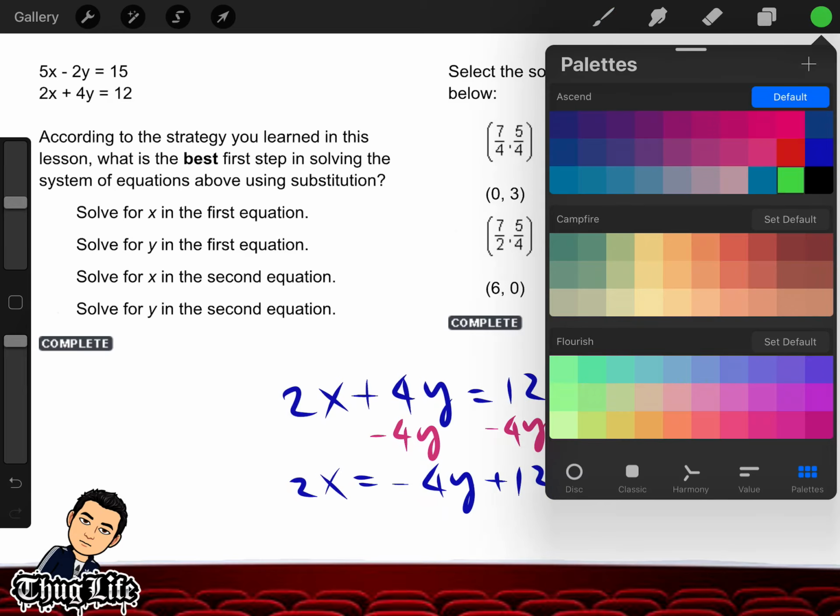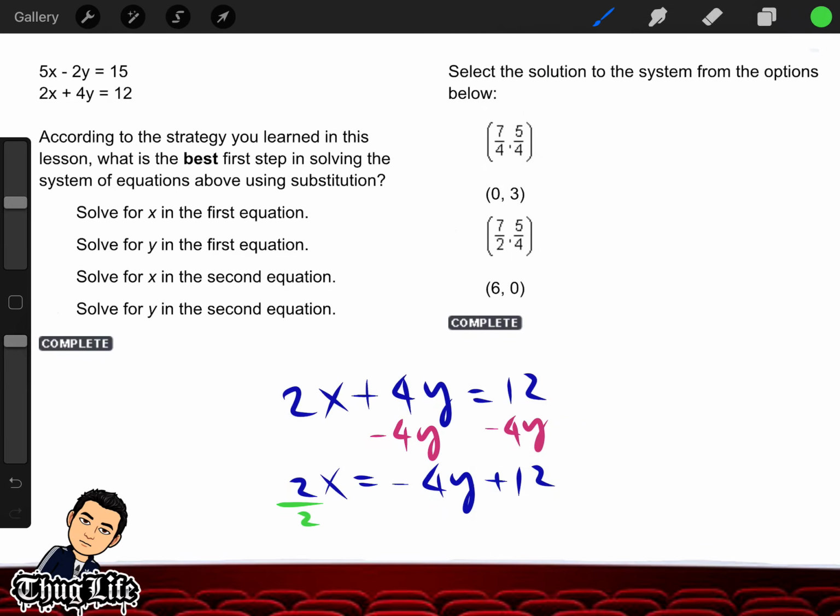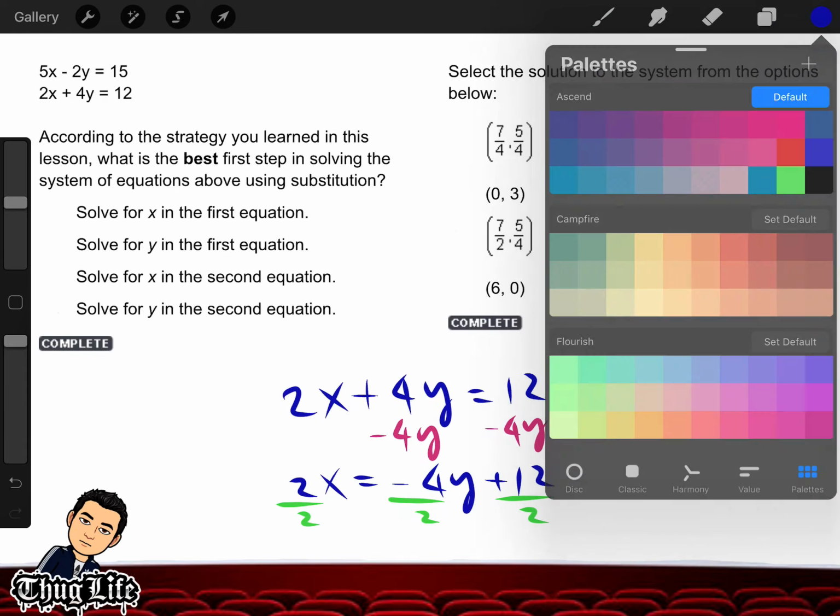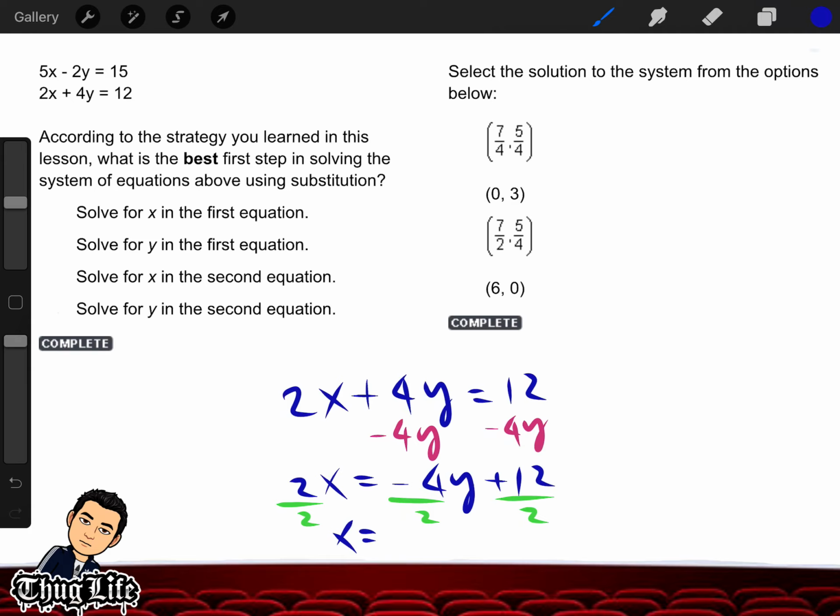Now it comes into play when I have to divide by 2 on all three terms, and I will get x equals negative 2y plus 6. The reason they say this is the best is because when you're isolating the variable by dividing by 2 in this case, you're not going to get any fraction. So there's no fraction.